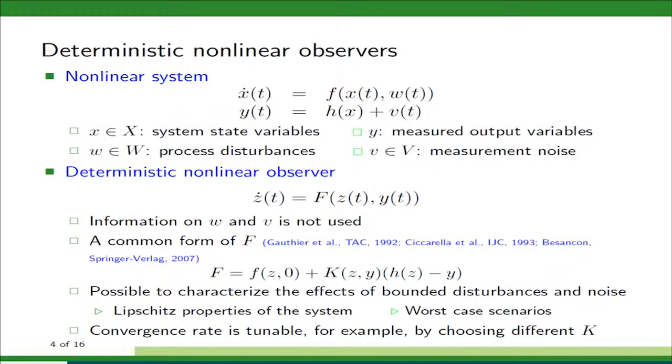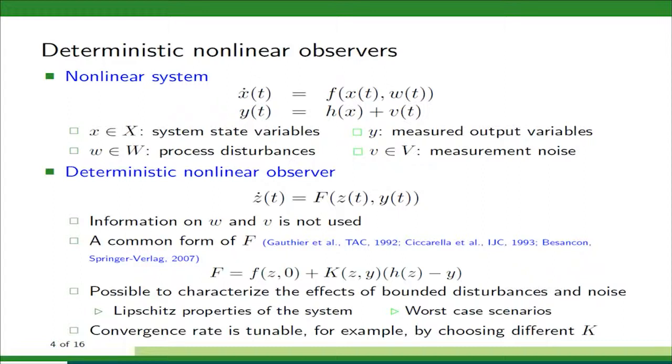Let's first focus on deterministic nonlinear observers, and we consider a general nonlinear system that can be described by these equations. In this system, x is the system state, y is the output, and omega is process disturbance, v is the measurement noise.